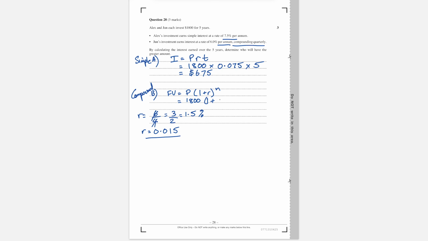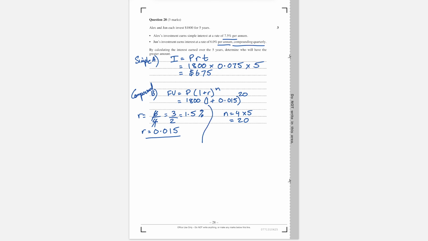So we go 1 plus 0.015 to the power of, okay, so how many times is it going to compound? 4 times a year times 5 years. So n is equal to 4 times 5 equals 20. All right, so we've got that to the power of 20.